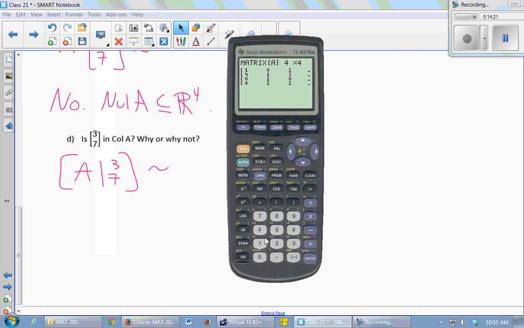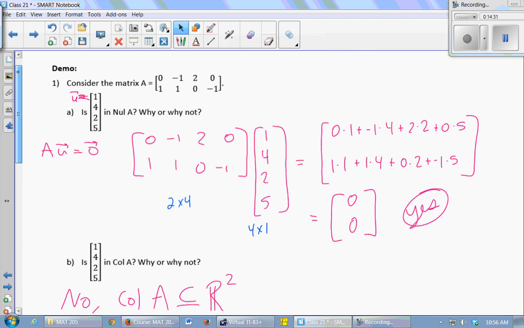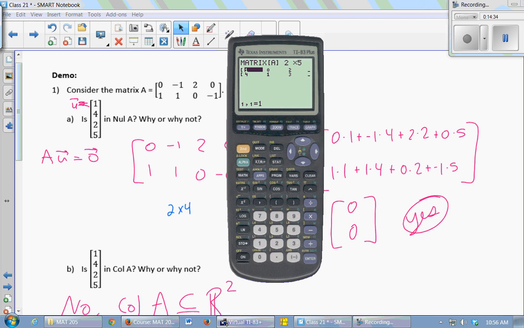Okay, so this was a 2 by 4, but I'm going to make it 5 so that I can augment it. All right, and then my entries: 0, -1, 2, 0, 3, and 1, 1, 0, -1, 7.